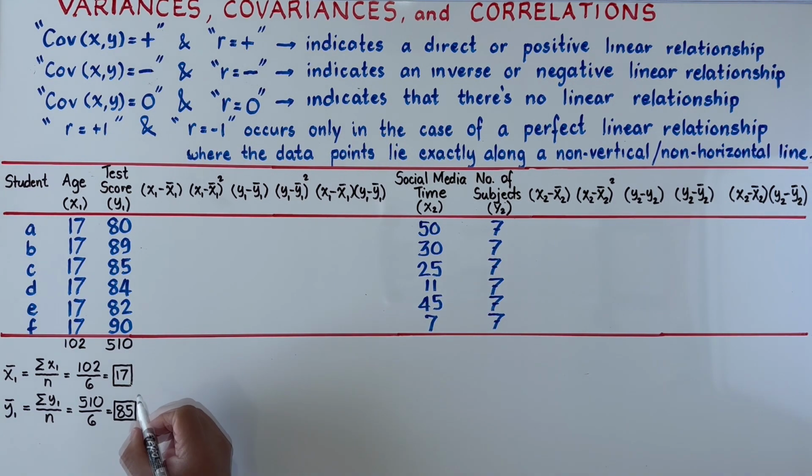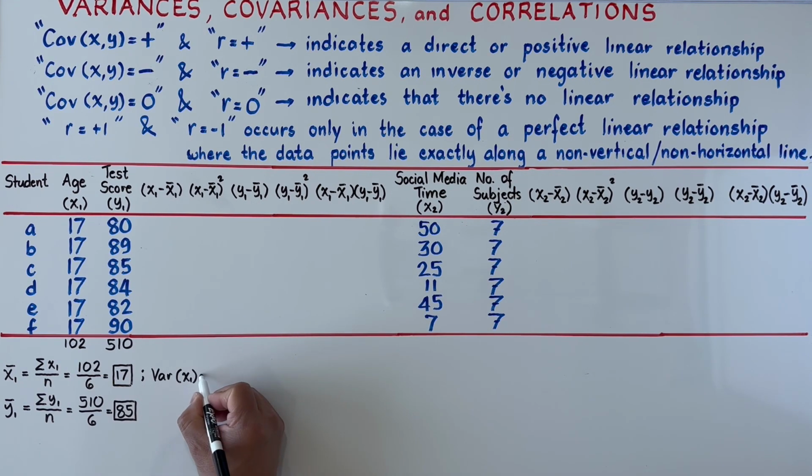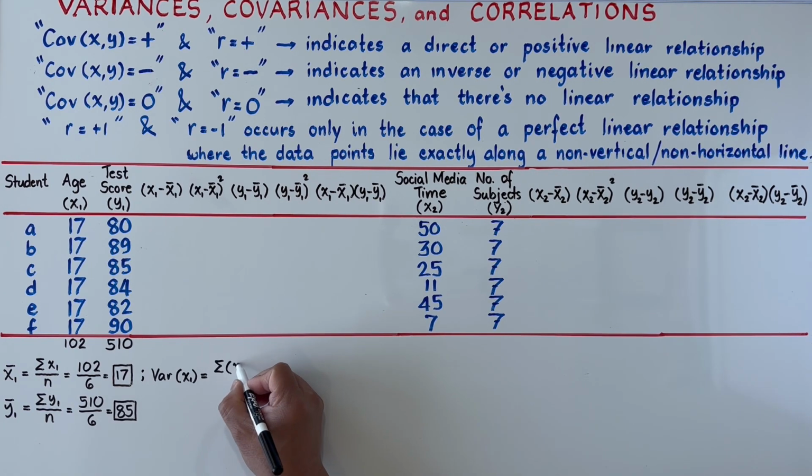Now we can also compute the variance of the variable x sub 1. The variance, we know, is the summation of the squared deviations of the values of x sub 1 from its mean, and we divide this by n minus 1.